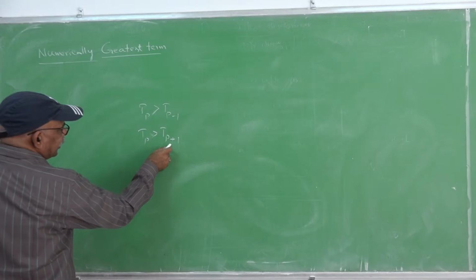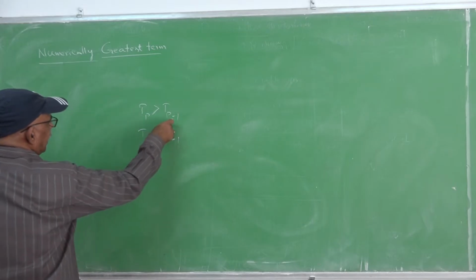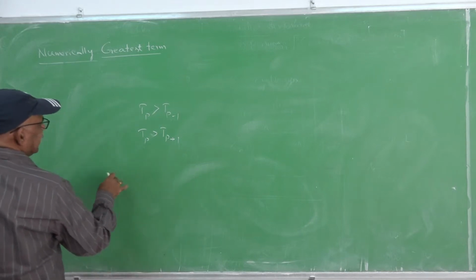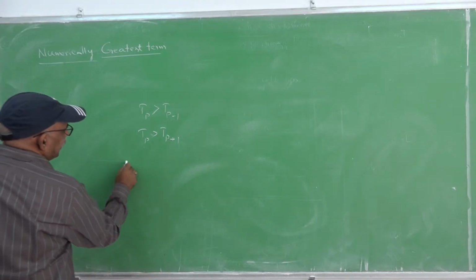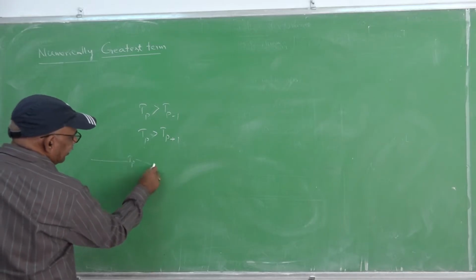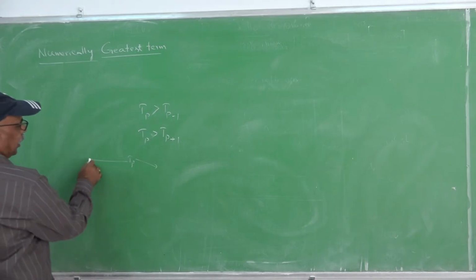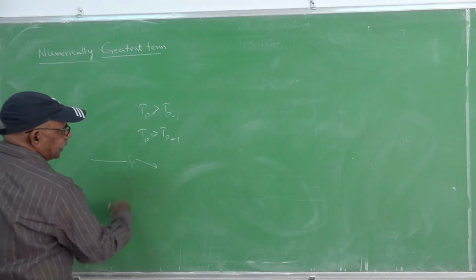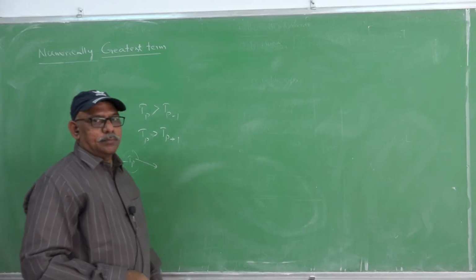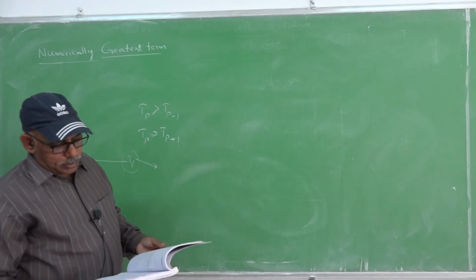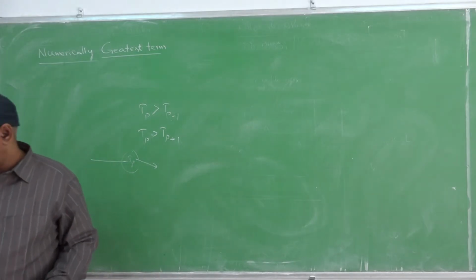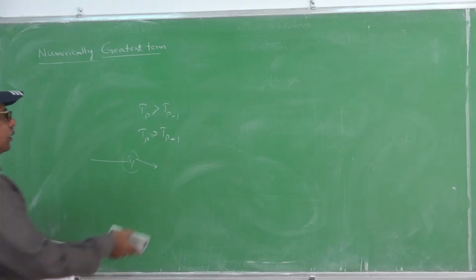Rather than the (p + 1)th term, the pth term is more. In such a case, the values of the terms are increasing up to Tp and then decreasing. In such a case, Tp becomes the numerically greatest term. That is the concept of the numerically greatest term of the binomial expansion.